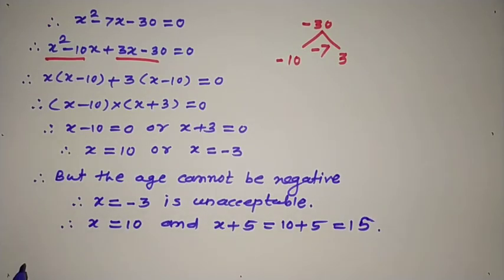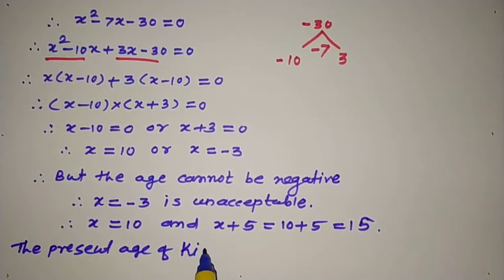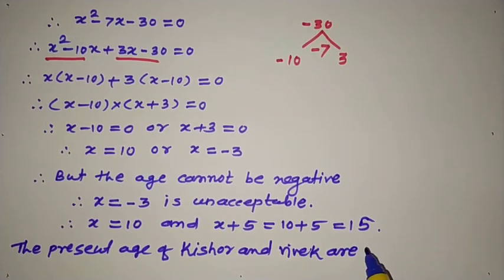The present ages of Kishore and Vivek are 10 and 15 years respectively. In this type, solve the above example.